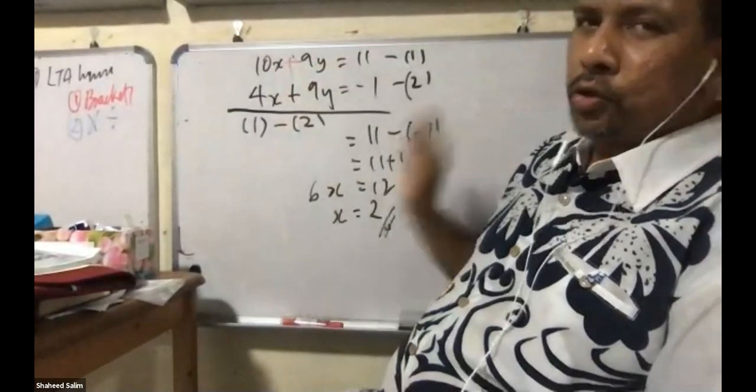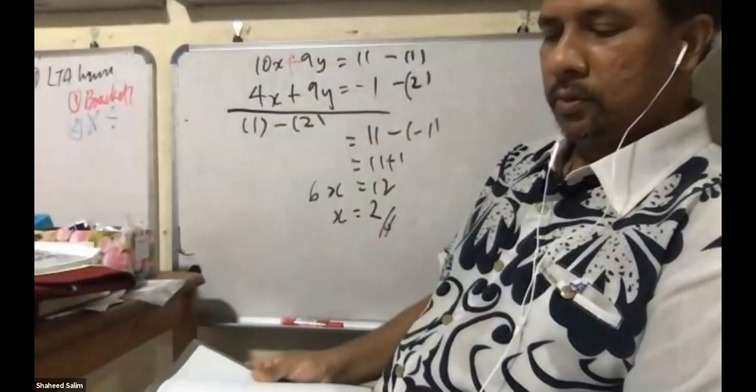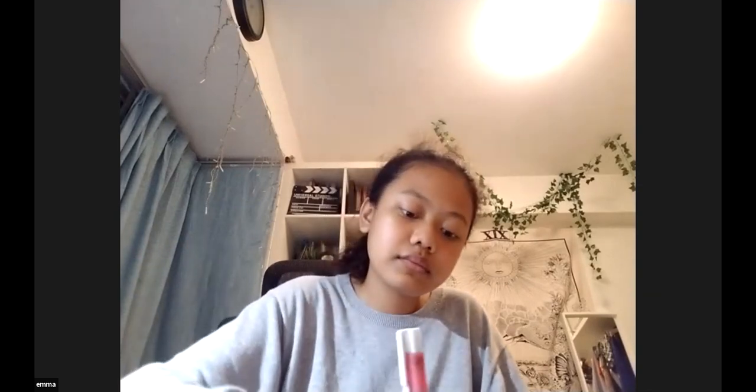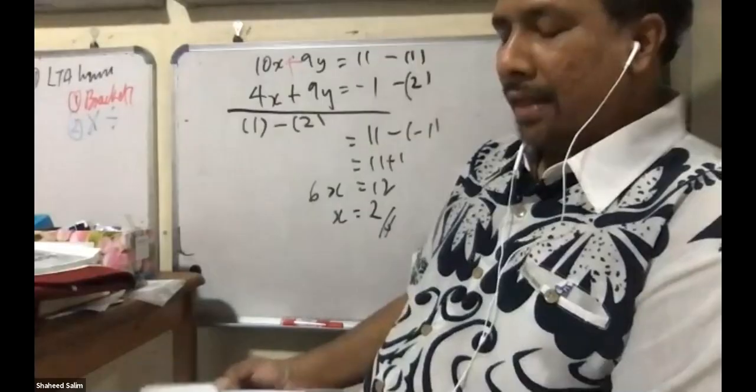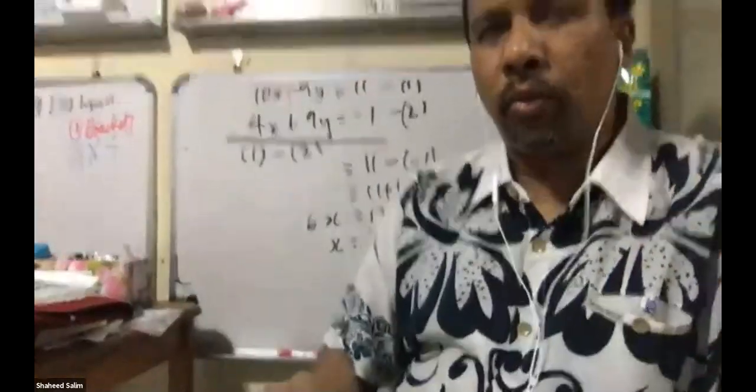If you're not sure about this way, you can do your method, no problem. So the answer is one is a whole number, one's a mixed number.